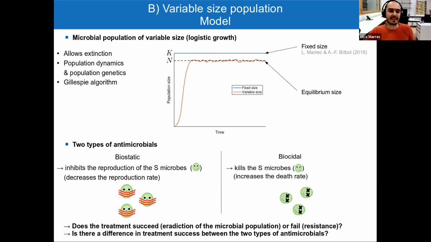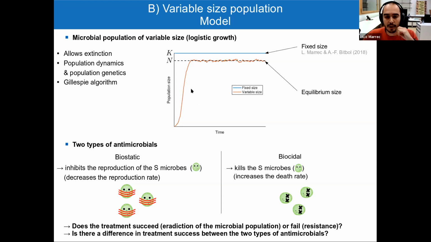That's why we decided to use another model, a model of microbial populations of variable size, more precisely microbial populations following a logistic growth, as you can see on this graph.